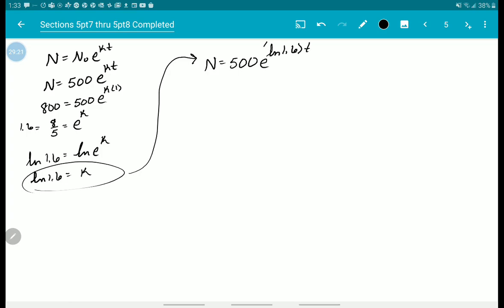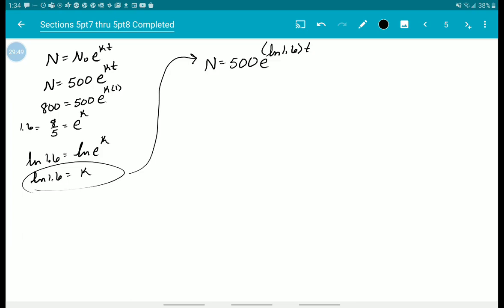The ln of 1.6 is a number, and that's multiplied by T. Now, I said I turned this into a decimal because it's a nice number. If this were not a nice number, and by nice I mean something that terminates within a reasonable number of decimal places, then I would keep that fraction, just to keep that exact value.